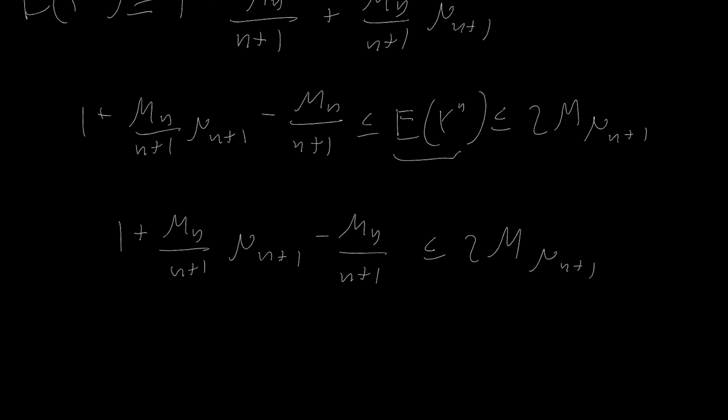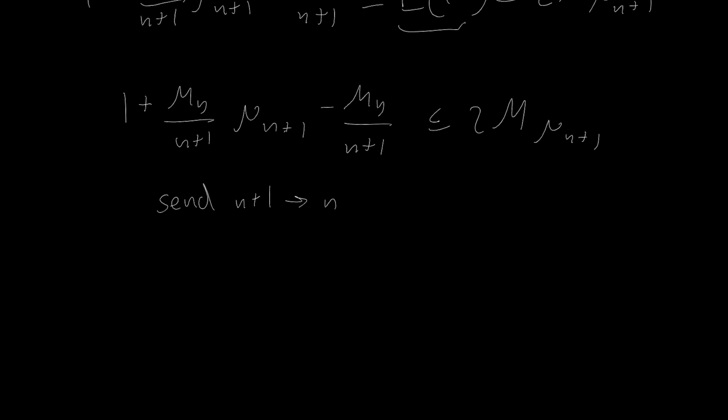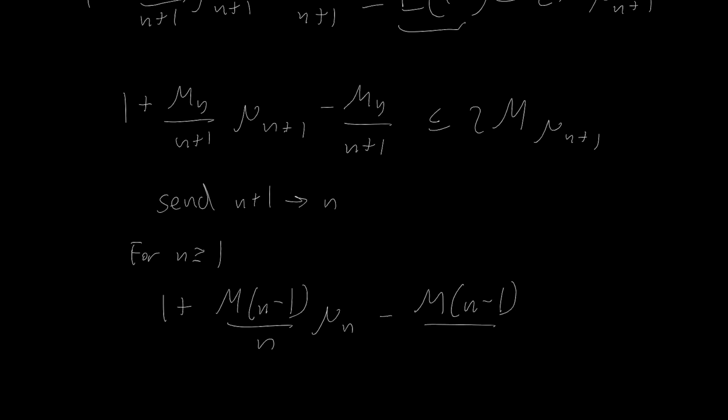We're going to shift the indices down, sending n plus 1 to n. So for n greater than or equal to 1, we have 1 plus m n minus 1 over n mu n minus m n minus 1 over n, less than or equal to 2m mu n.